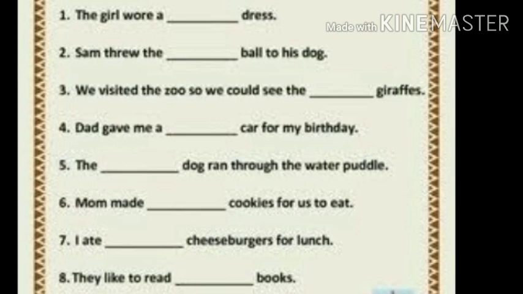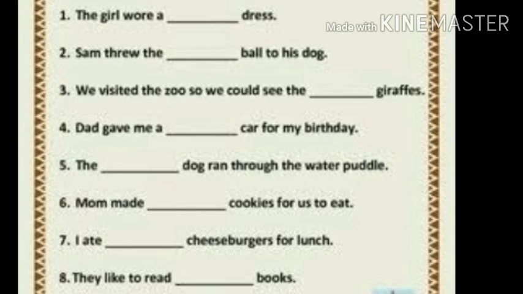So let's see. The girl wore a dash dress. You can use any adjective which is appropriate, like color, size, shape, numbers, or anything which is suitable. You can say red dress, beautiful dress, short dress.